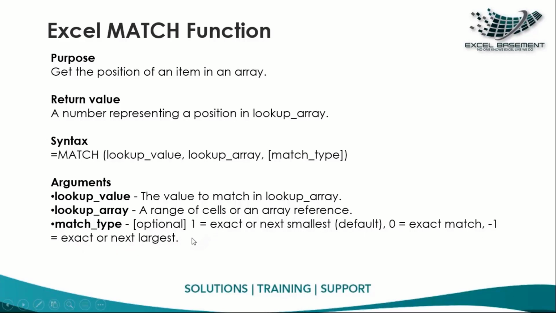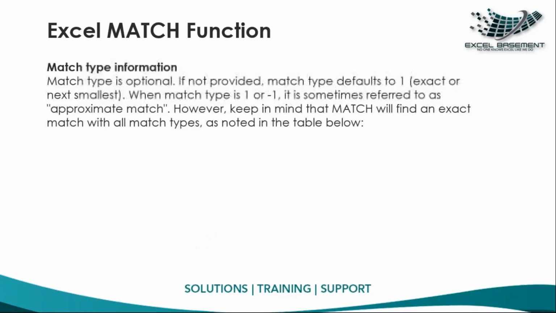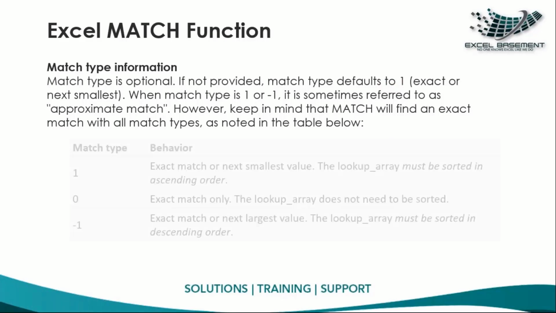I will show you in the examples how these different match types can be utilized in practice. The match_type is optional, and if it is not provided, it defaults to 1. If you skip this argument, it is set to 1, and we need to identify which kind of match type we need to use.